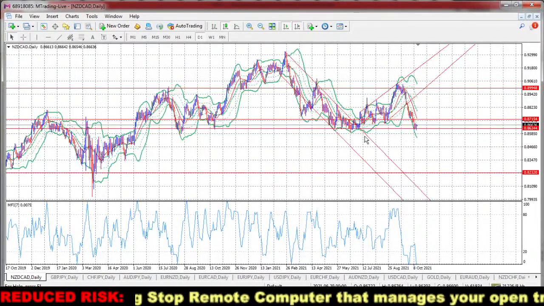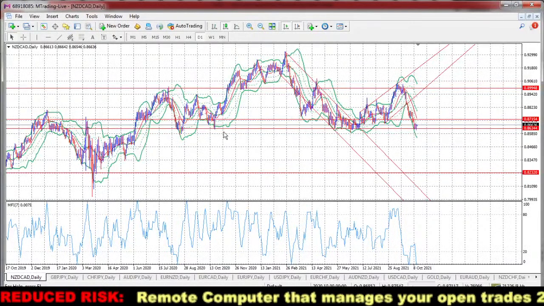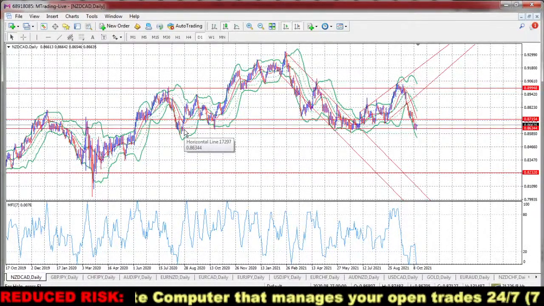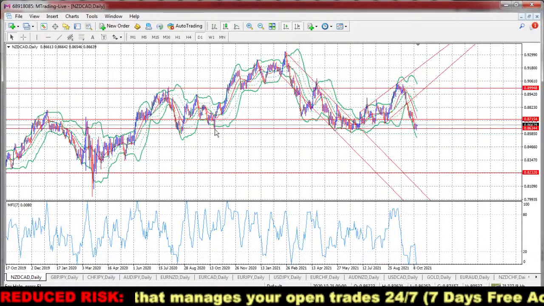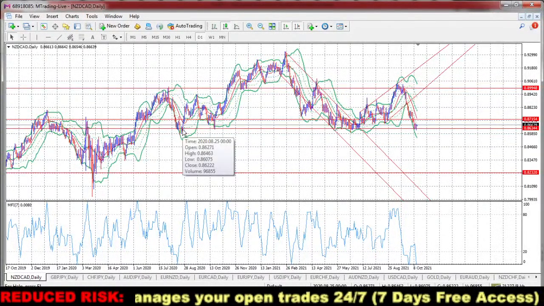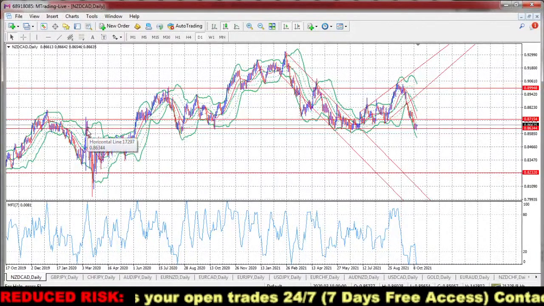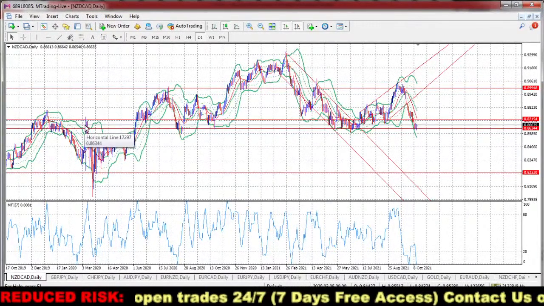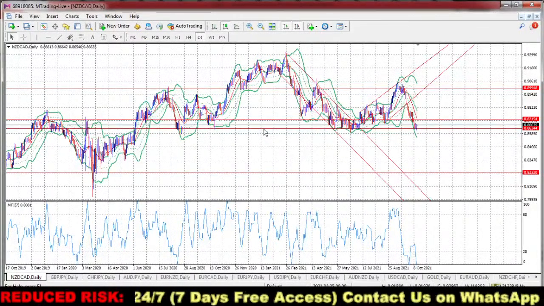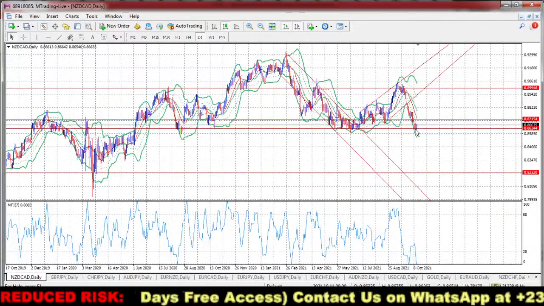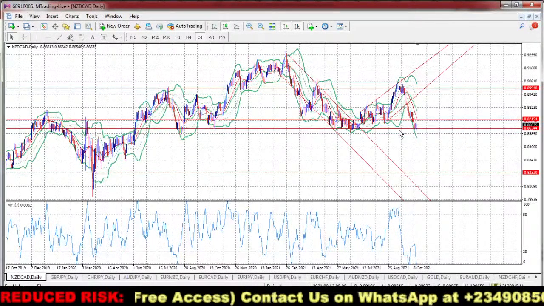So right now it is back to the resistance level that has been in use for some time, which has been a resistance level. So right now we are taking this resistance level as the new support level. This place is acting as a new support level.